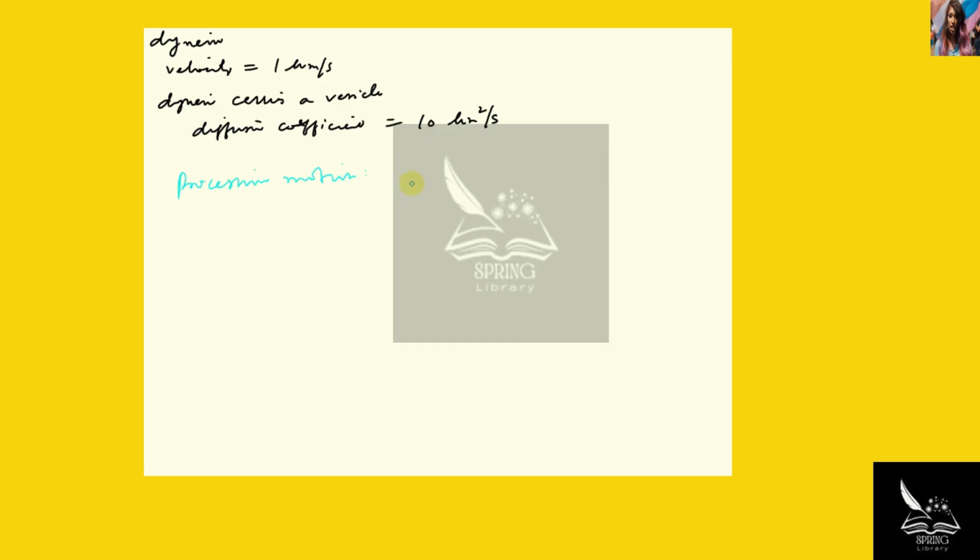The processive motion is a motor driven movement of the vesicle along the microtubule, while the random motion is the diffusion of the vesicle due to Brownian motion.